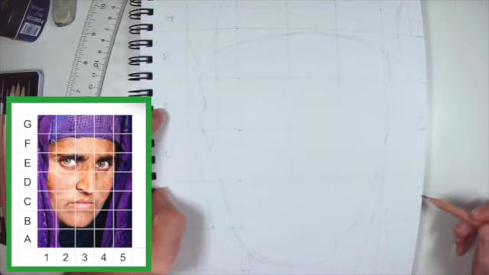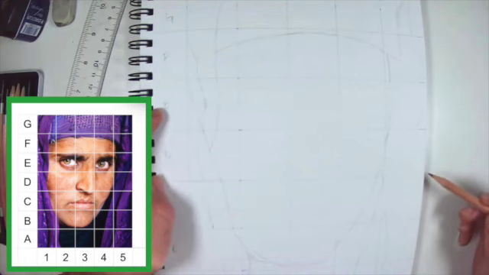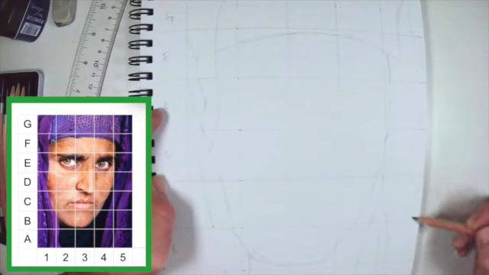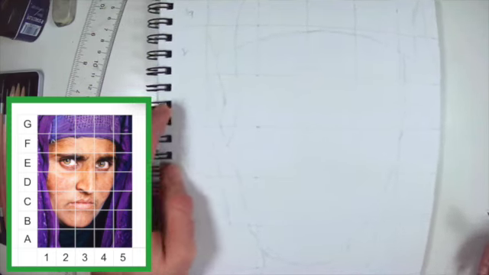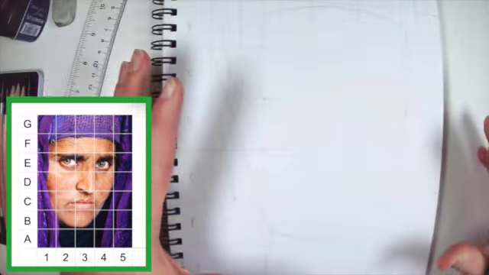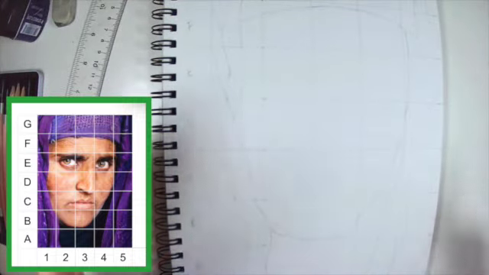But last line for the fabric, I'm going to start on the line that separates C and D all the way over at the edge of the image. It comes across, it's down, kind of comes over to the edge, and then it comes out again over here. So I've got the overall space figured out.